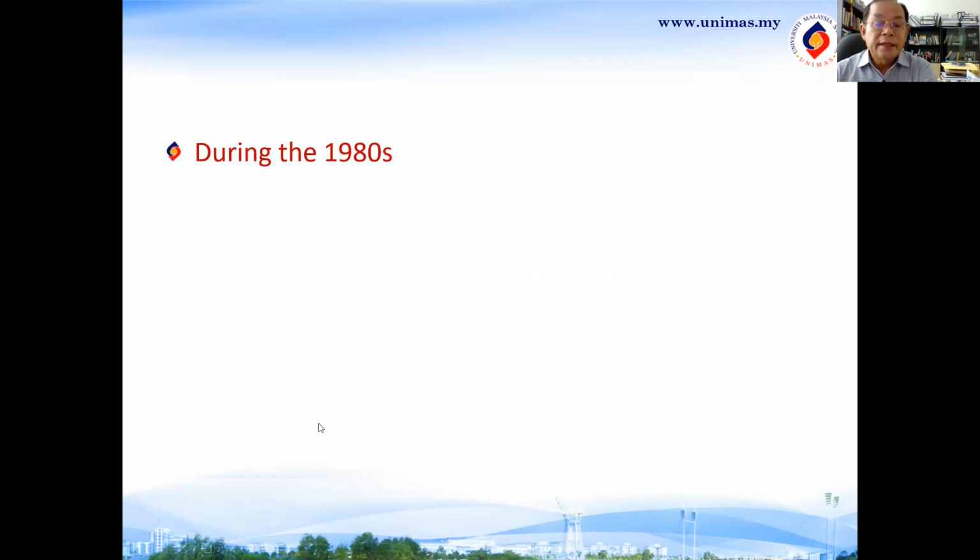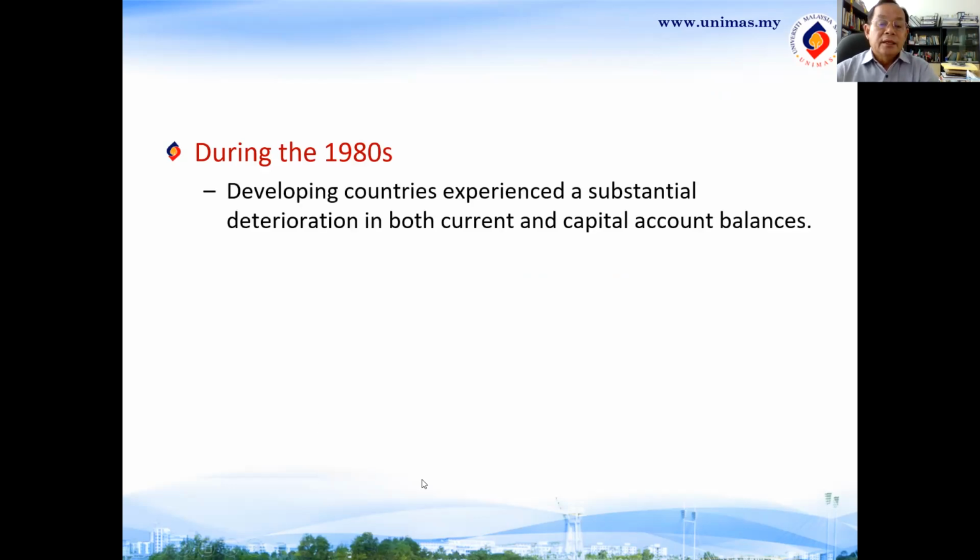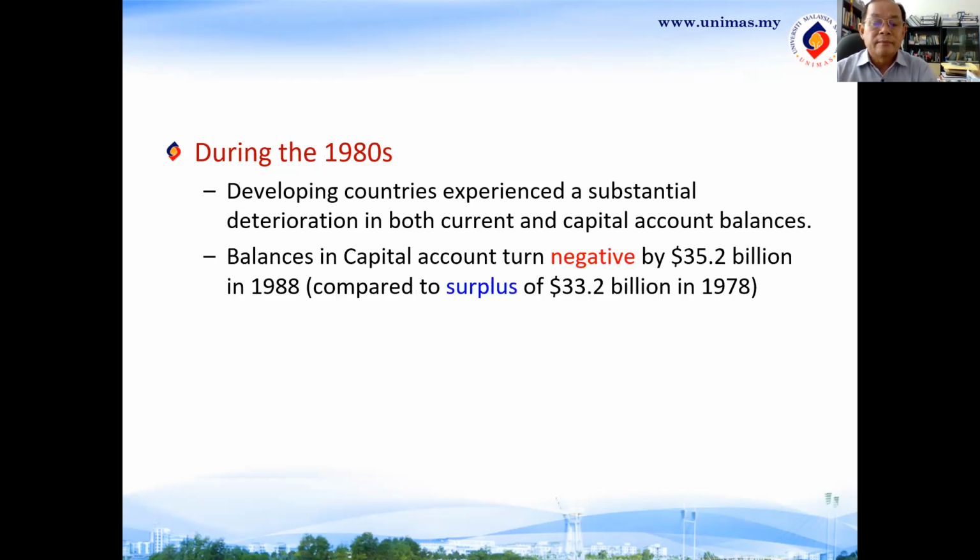Dan in the 1980s, most developing countries experience substantial deteriorations, ya, keadaan yang buruk terhadap both the current and also capital account balance, account semasa dan juga account modal tadi.